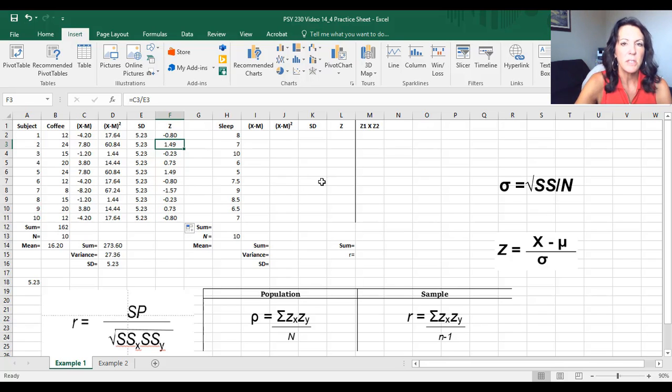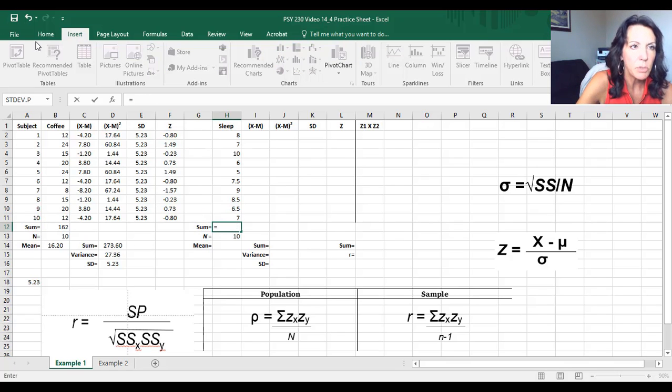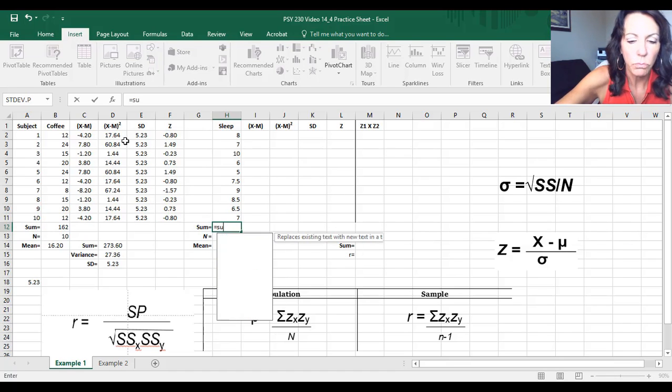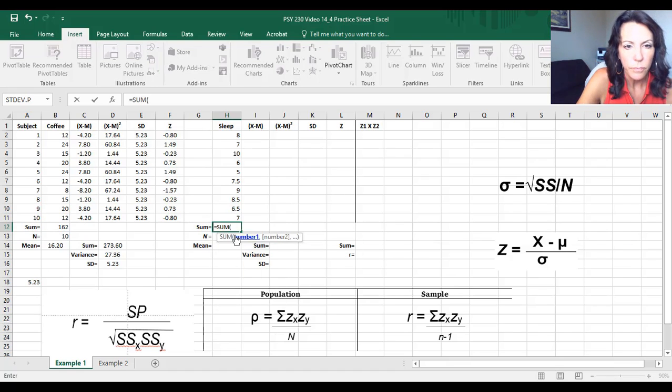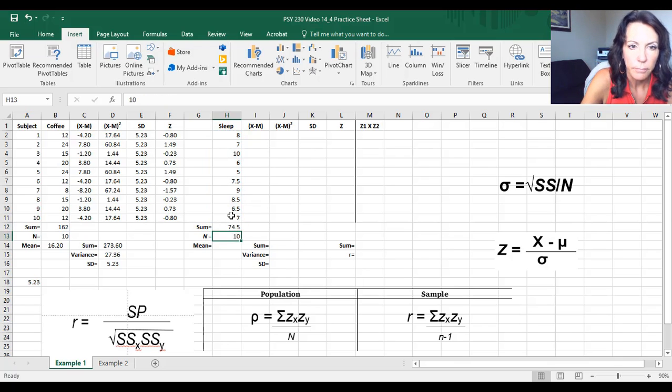So now we're going to find the z-scores again for sleep. In order to do that, I need to sum up all of these sleep scores first. All right. And then I have my n of 10, so the mean of the sleep scores is going to be equal to 74.5 divided by 10.